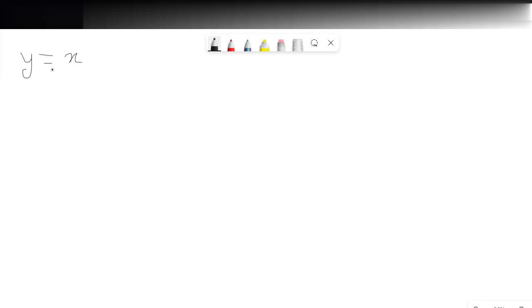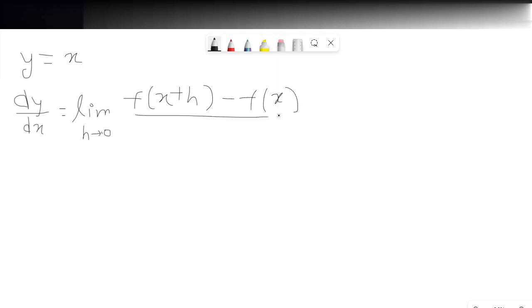So let's think about what happens when y is equal to x. So our gradient function dy/dx must be the limit as h tends to 0 of f(x plus h) subtracted by f(x), divided by h.